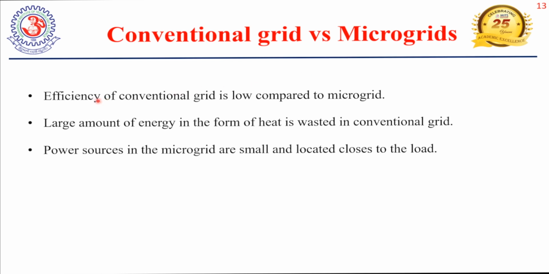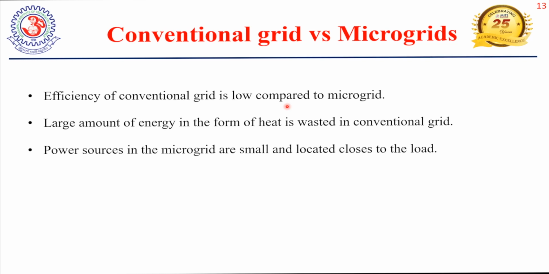First and very important point mentioned here: the efficiency of the conventional grid is low compared to the microgrid. If you listen carefully, you can understand why efficiency is less in the conventional grid and more in the microgrid.